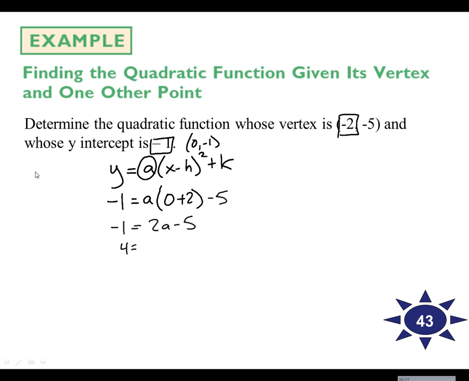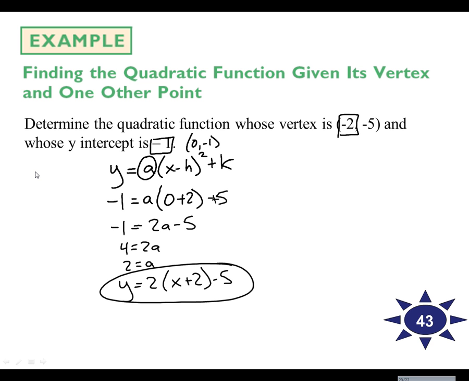So 4 equals 2a. So 2 equals a. And we'll go ahead and rewrite this. y equals 2(x plus 2) squared minus 5. That's your equation. So use the vertex and a point to solve for a, and then rewrite it with the entire equation. Try problem 43.